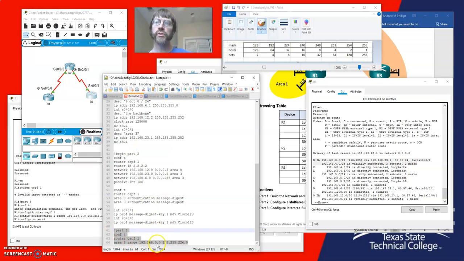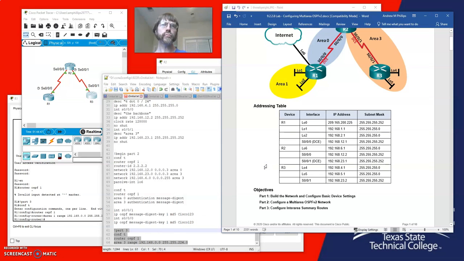Area range 192.168.0.0 255.255.224.0. We're doing that to take in 4.0, 5.0, 6.0. It even takes in, honestly, the 12 and the 23.